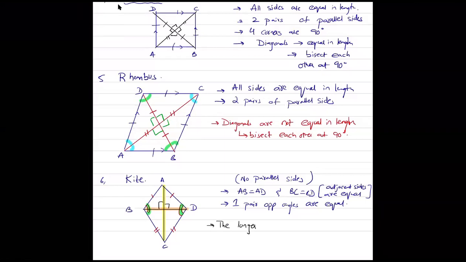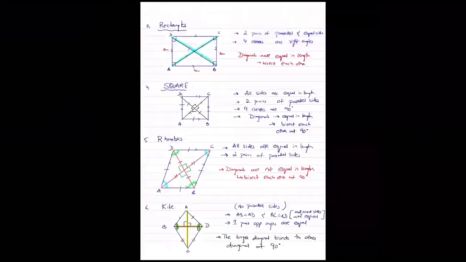The longer diagonal bisects the shorter diagonal at 90 degree. I hope these properties are clear to you. If you have any questions, please ask.